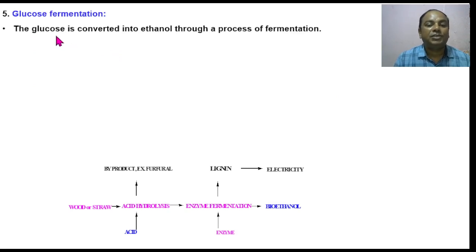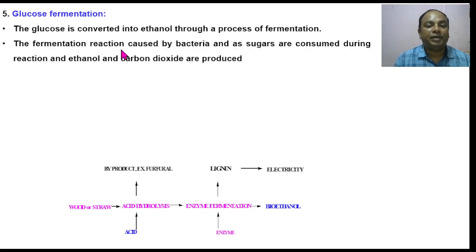So here the 6 carbon sugar which is obtained by the hydrolysis of cellulose is then fermented in the presence of certain bacteria. This glucose is subjected to the fermentation process in the presence of bacteria, and these bacteria convert this sugar molecule into ethanol and carbon dioxide.